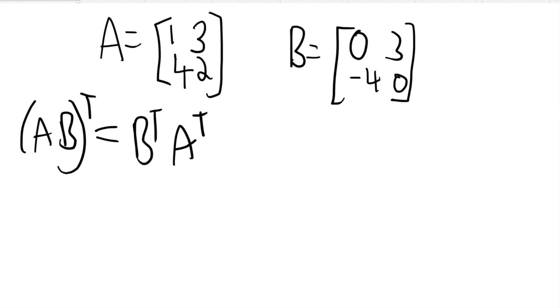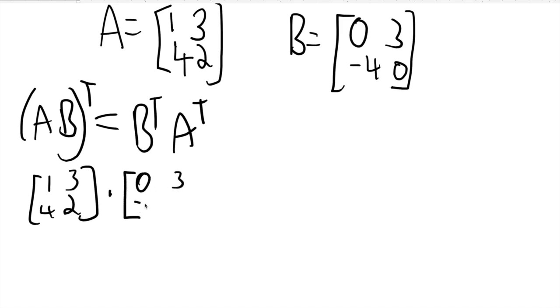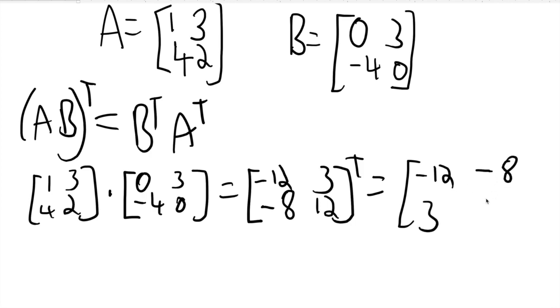And so if again we use the matrices above, we will get that [1, 3; 4, 2] multiplied by [0, 3; -4, 0] will be equal to [-12, 3; -8, 12], and then the transpose of this will be equal to [-12, -8; 3, 12].